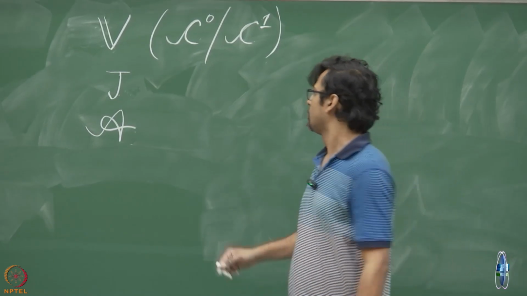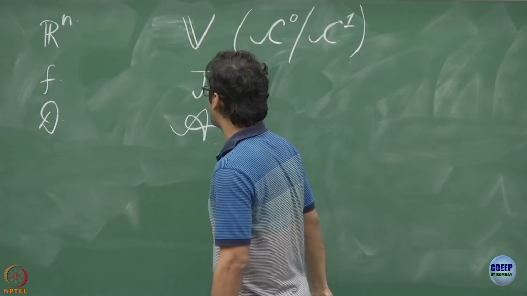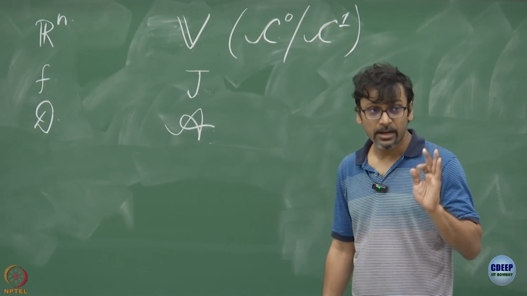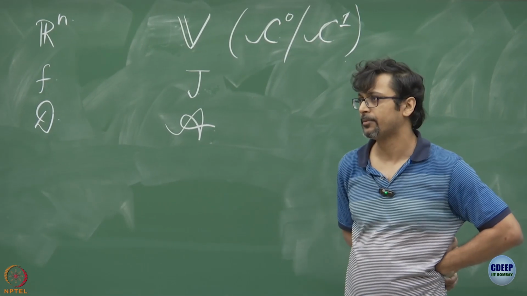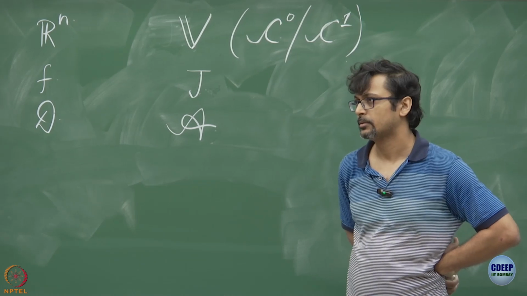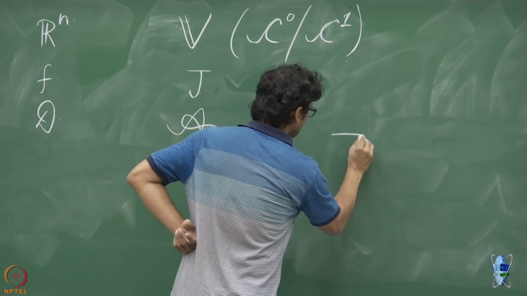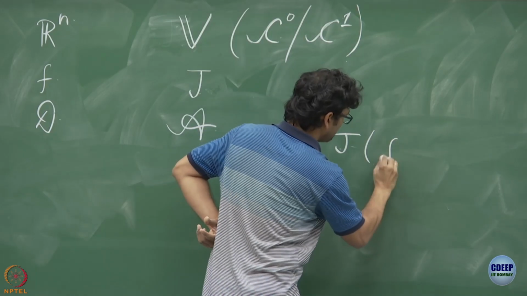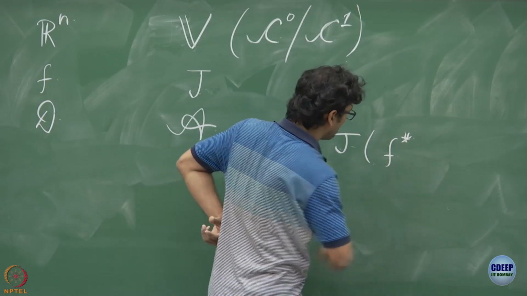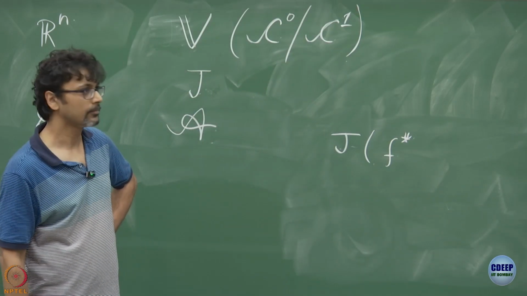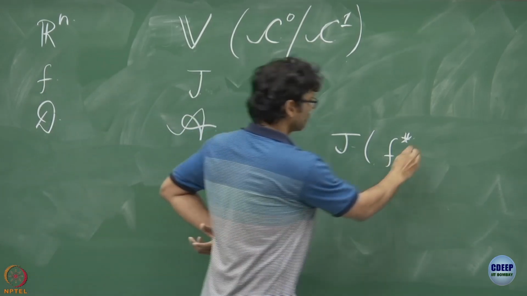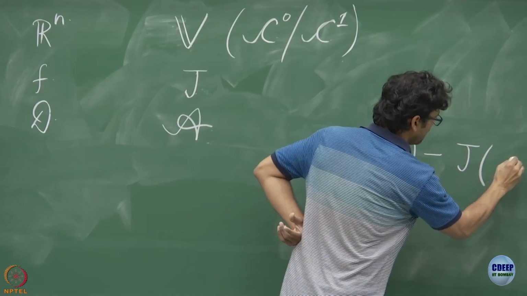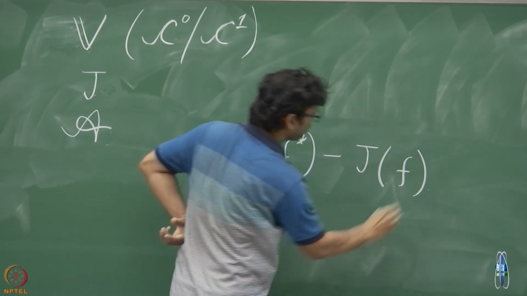Alright, so what is going to be my definition of a minimizing candidate F? Let's look at this. J(F star) minus J(F).